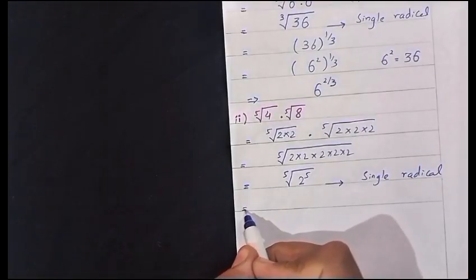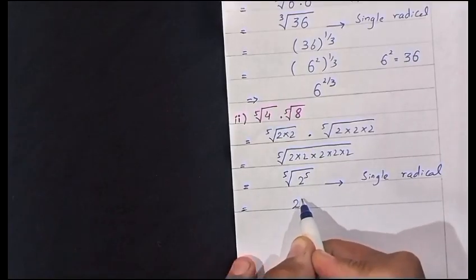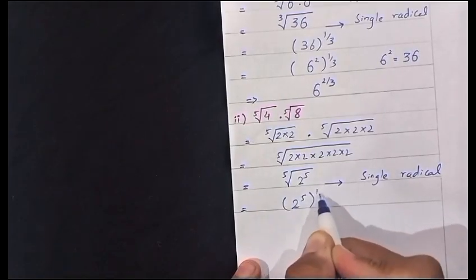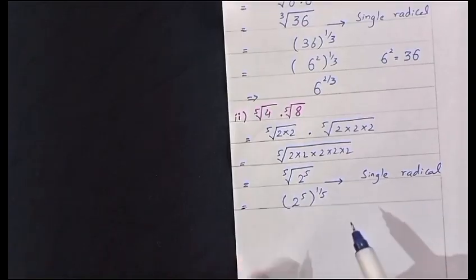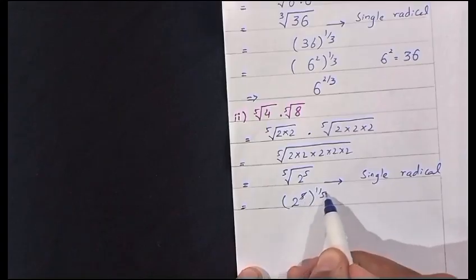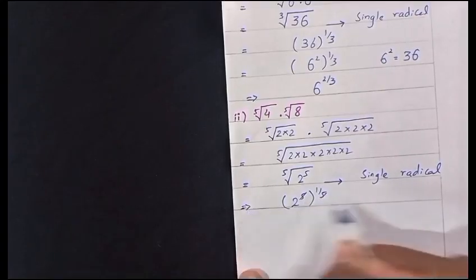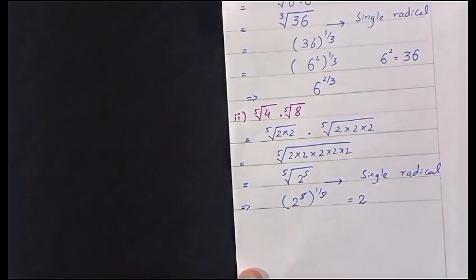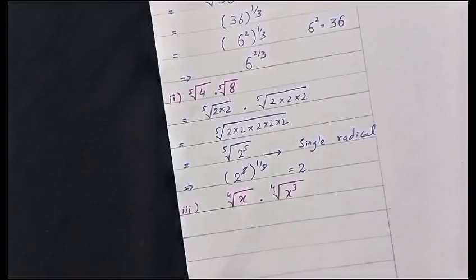Now we simplify this radical expression by writing it in exponential form, that equals 2 power 5 whole power 1 by 5. As the powers are the same, one in the numerator and the other in the denominator, they cancel each other and the final answer is 2.